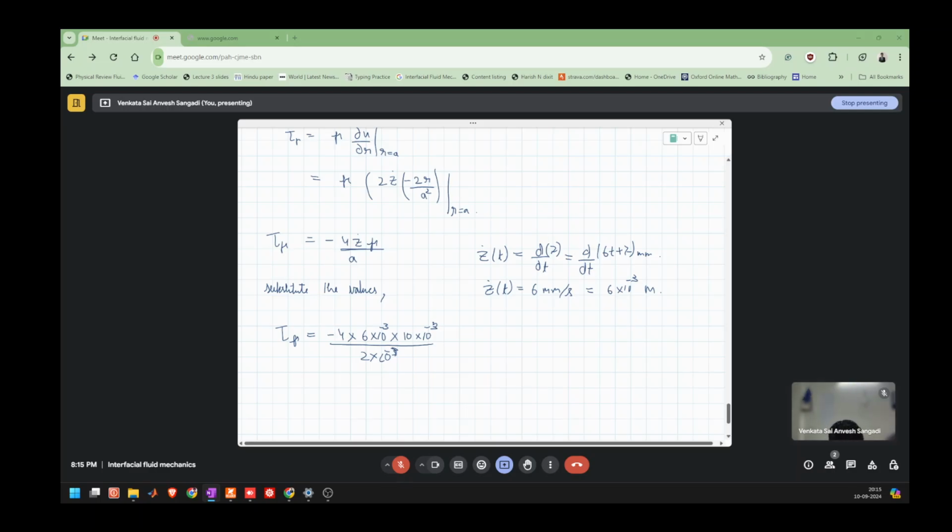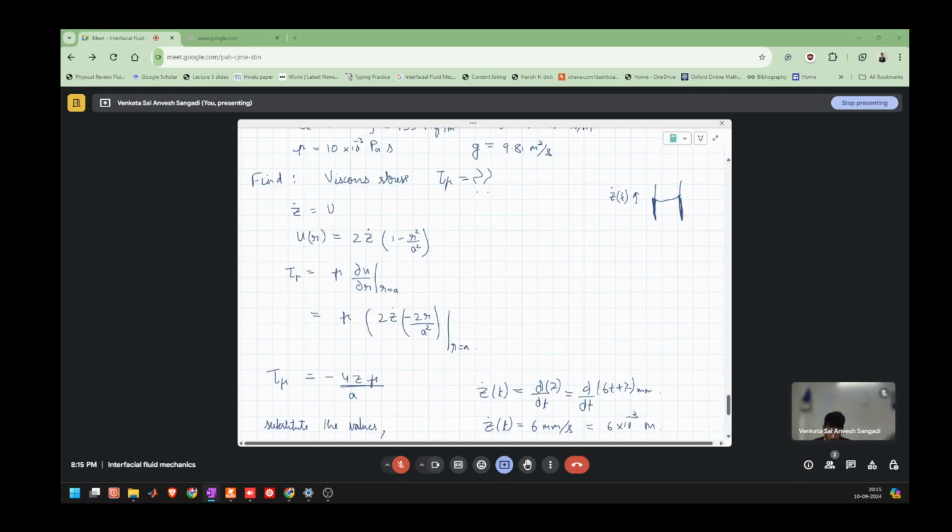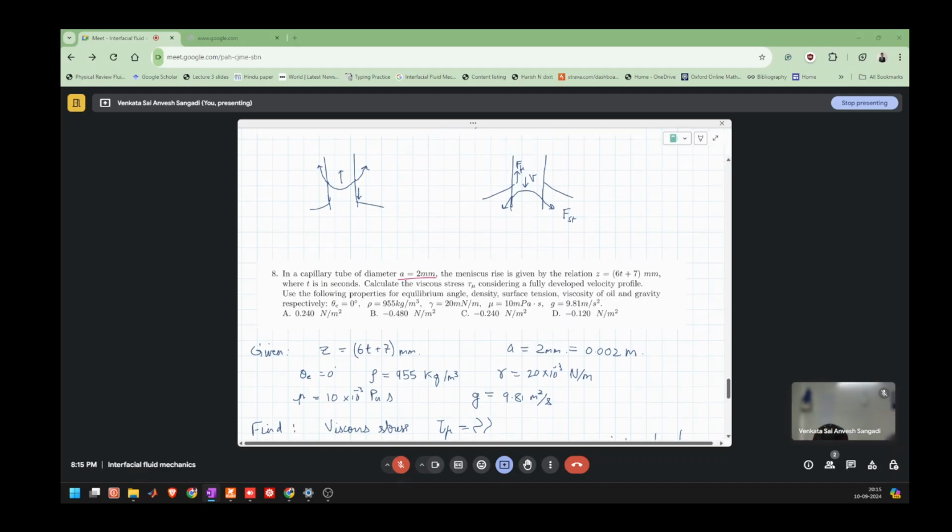So if we do the calculation, we get tau mu is equal to minus 0.24 Newton per meter square. So the correct option is minus 0.24.